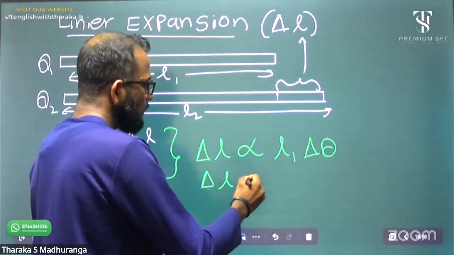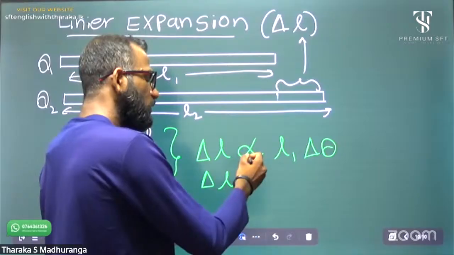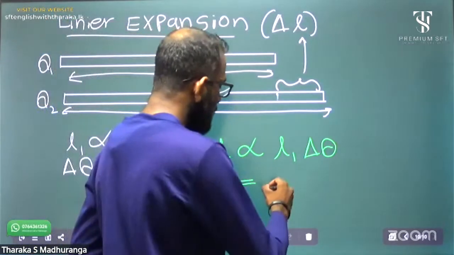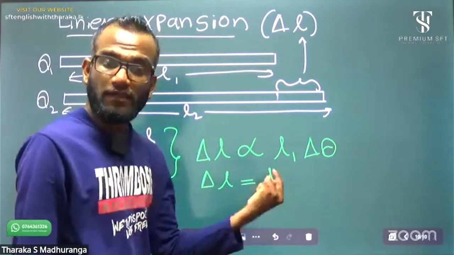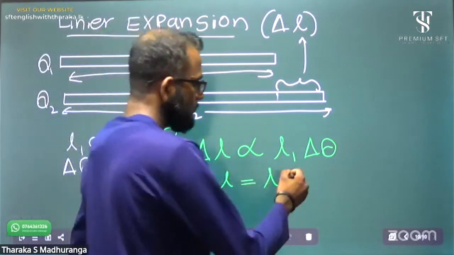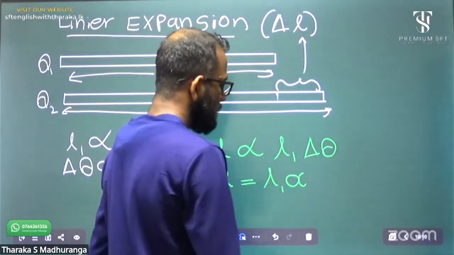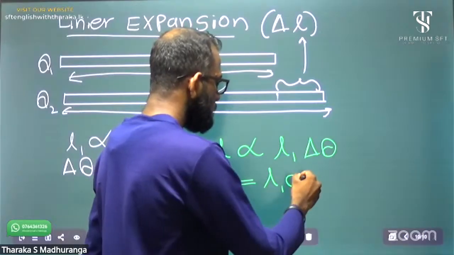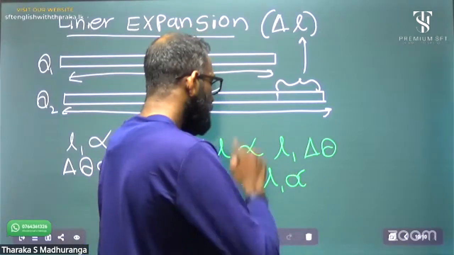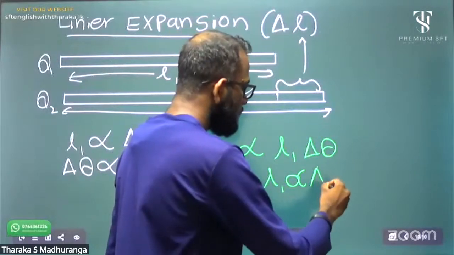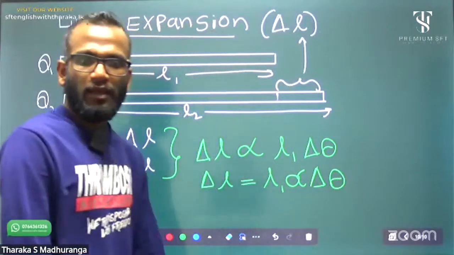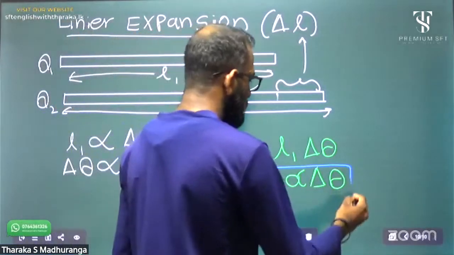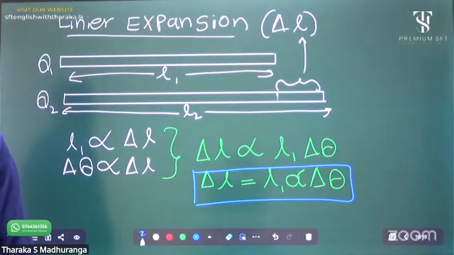I'm going to convert this proportional mark to equal. Then delta L equals L1 and a constant. What is the constant? Alpha, the Greek first alphabet letter. Not A, alpha. Delta L equals L1 alpha delta theta. What's the name of alpha?